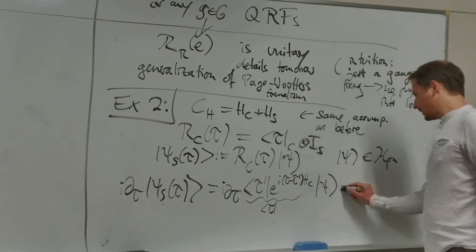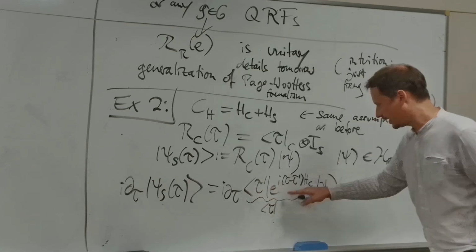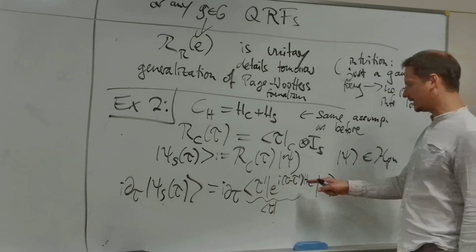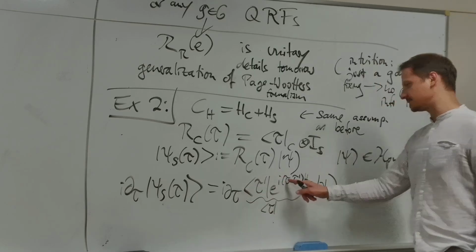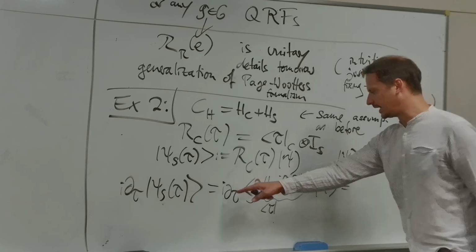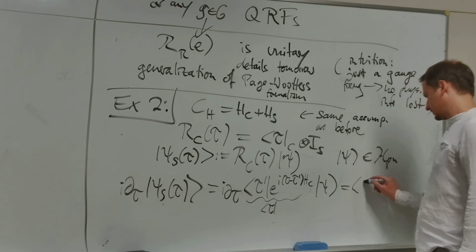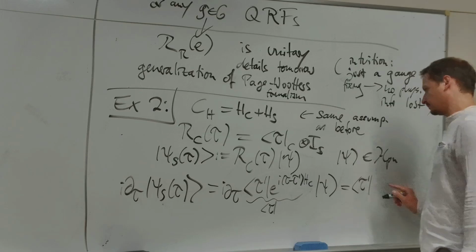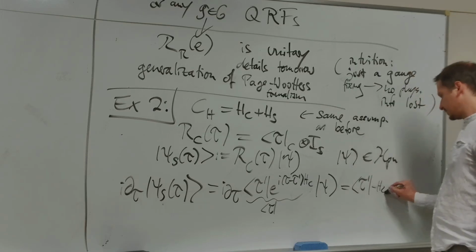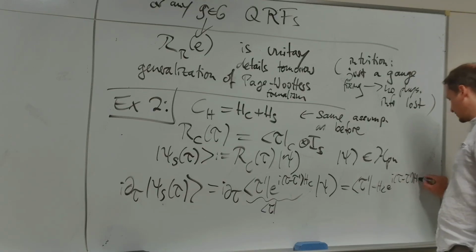And now we can differentiate this with respect to tau. So I get down an H_C, with the i, so there's a minus H_C, and then e to the minus i (tau minus tau prime) H_C acting on psi, round bracket.